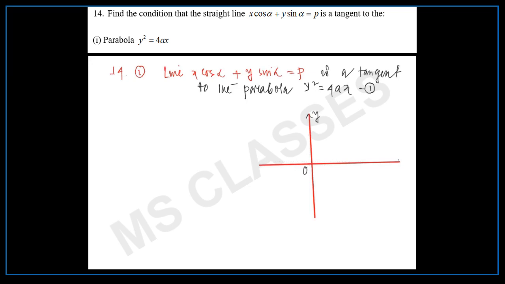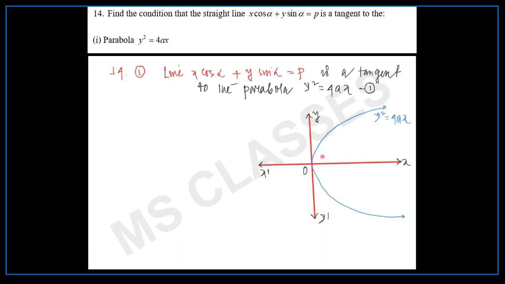Y, origin, x prime, y prime. Now this is a parabola, so y square equal to 4ax.